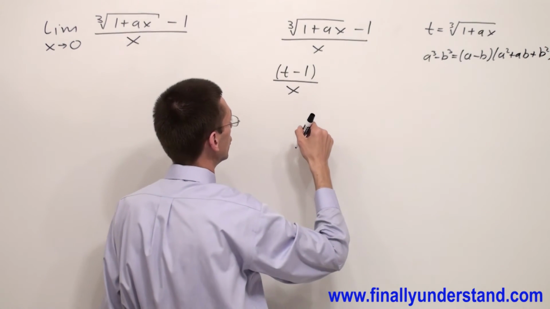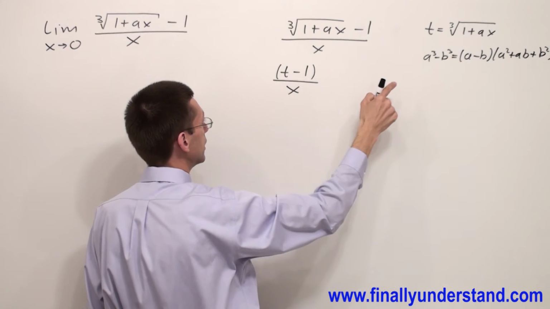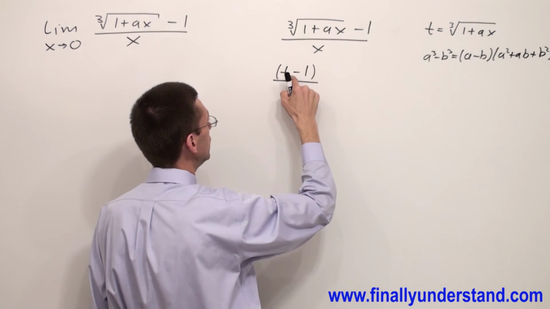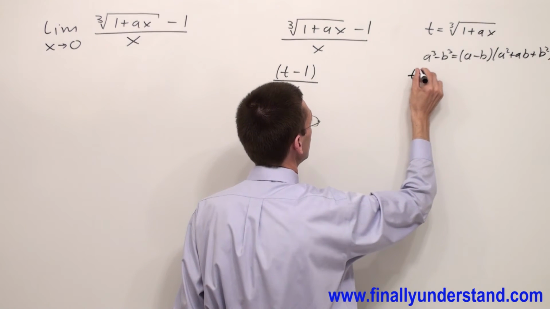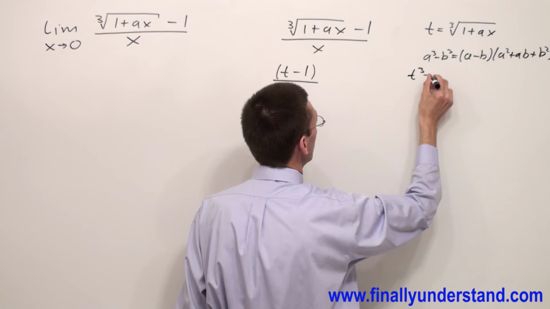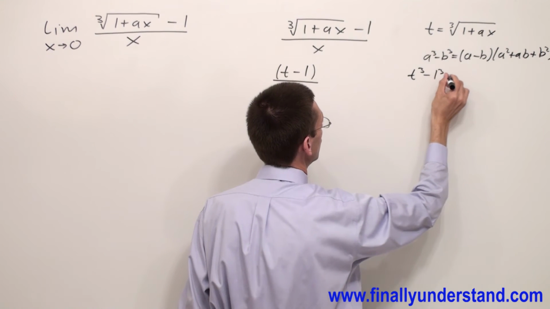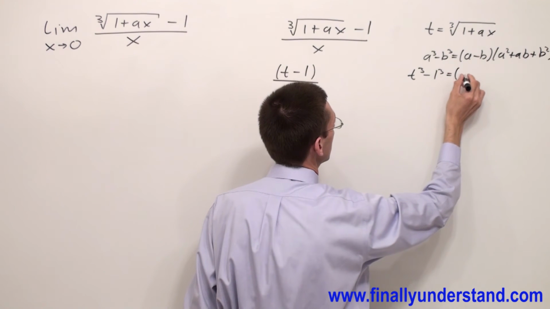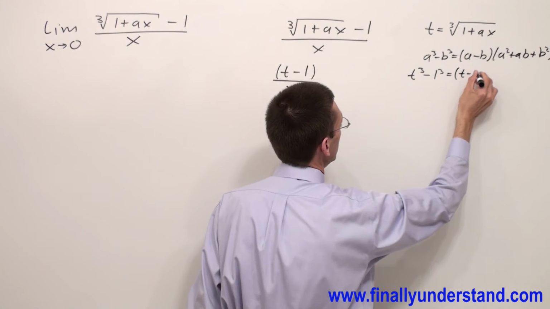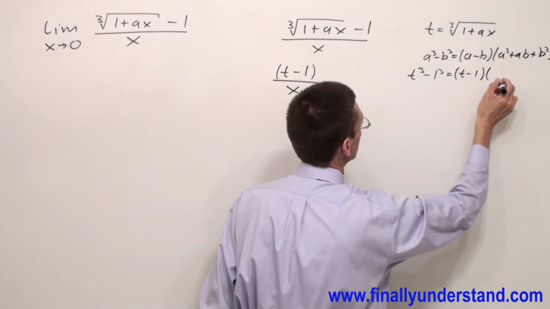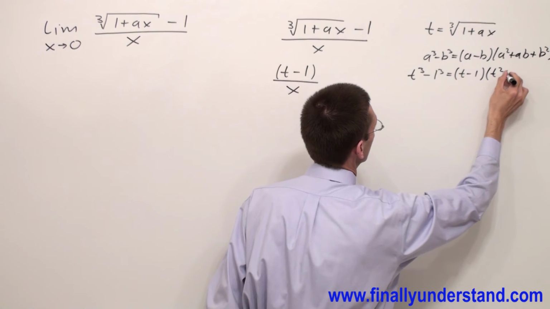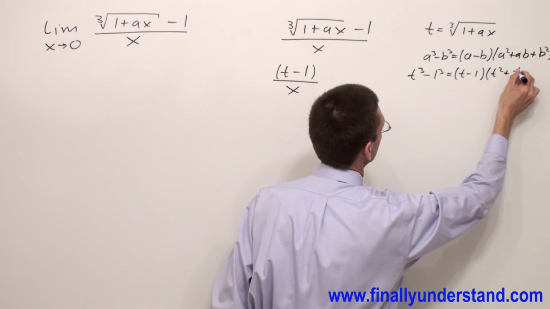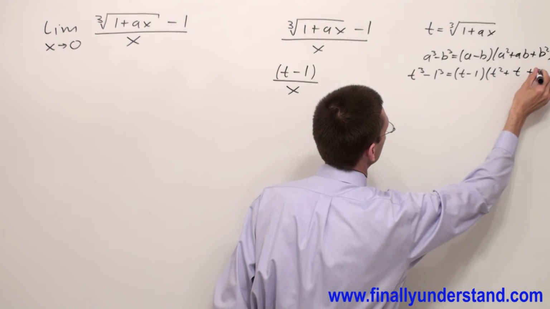If you write the same formula in terms of t and 1, you will have something like this: t cubed minus 1 cubed is equal to t minus 1 times t squared plus t plus 1.